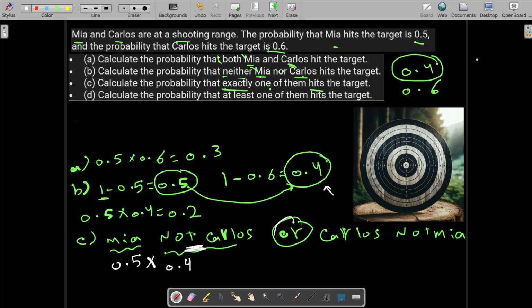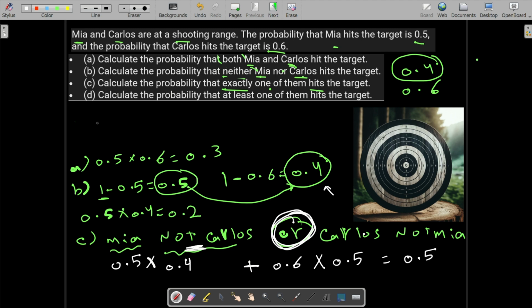Remember, once you see or, this or here means plus. Carlos and not Mia: what is the probability that Carlos is hitting the target? It's going to be 0.6, multiplied by Mia not hitting the target, which is 0.5. And in this case, when you do the calculations, the answer is going to be 0.5.